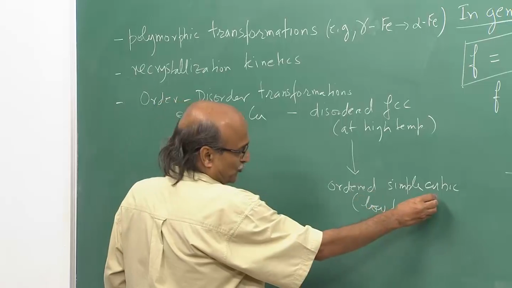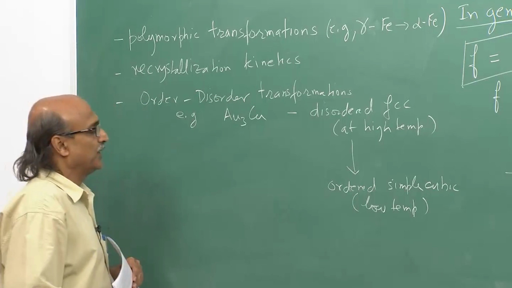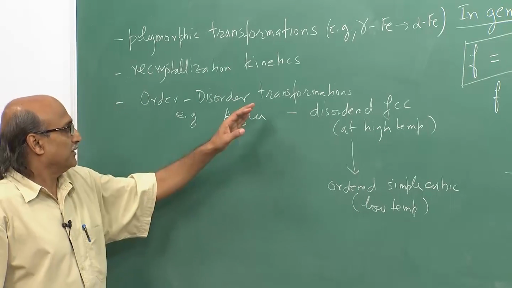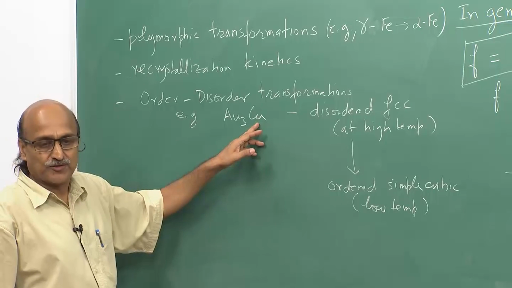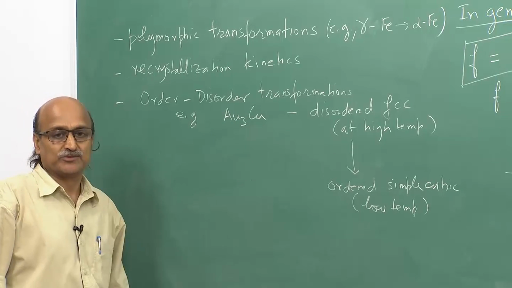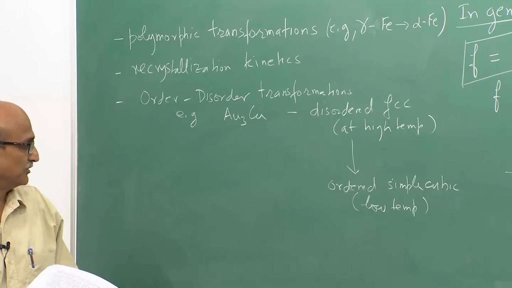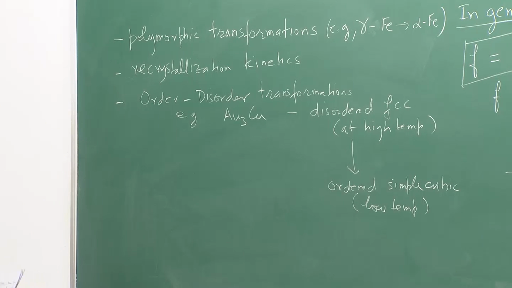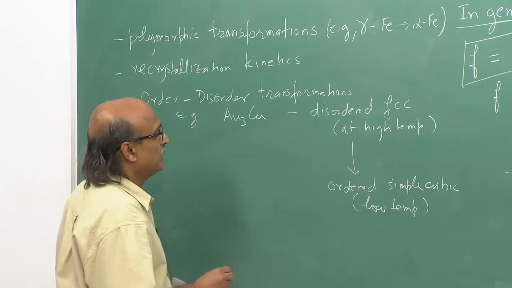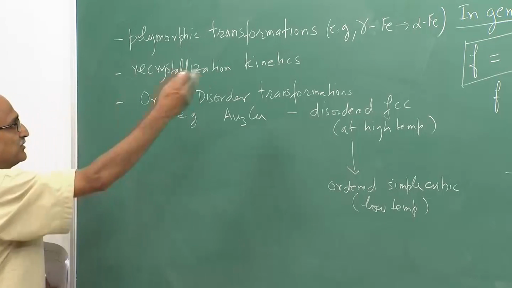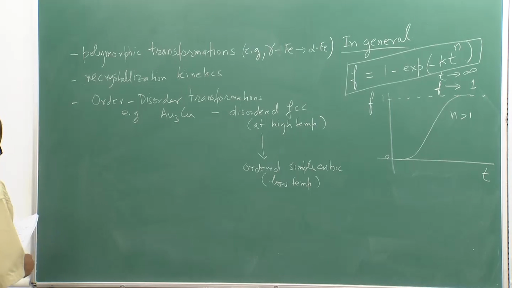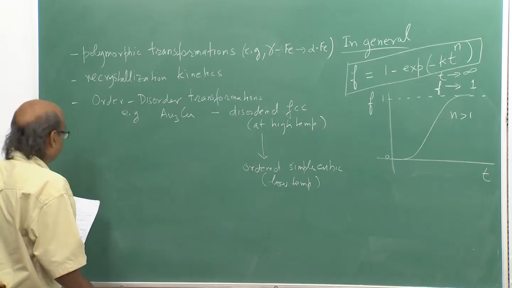But when it transforms to this ordered simple cubic, then copper atoms are at the corners of a cube and gold atoms reside at the face centers of the cube. So, even this can be analyzed with the Avrami relationship.